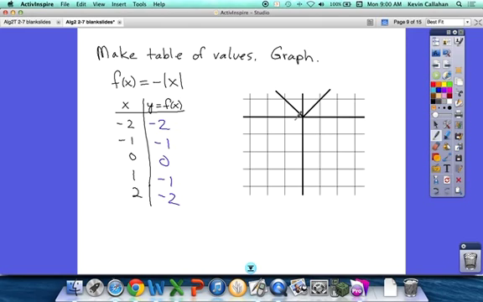Let's graph them. Negative 2, negative 2. Negative 1, negative 1. 0, 0. 1, negative 1. And 2, negative 2. Do we see the V? We see the V, right? So let's connect it up.